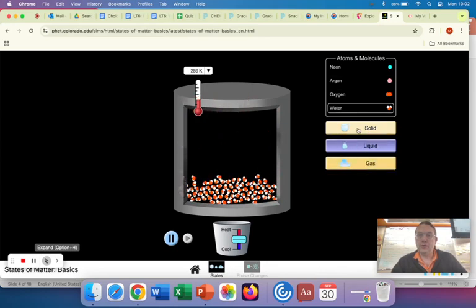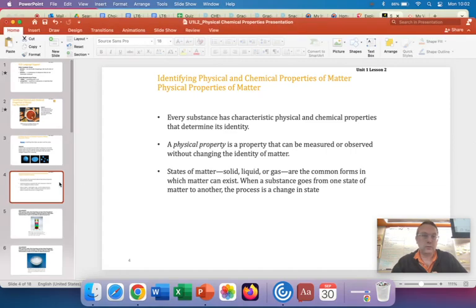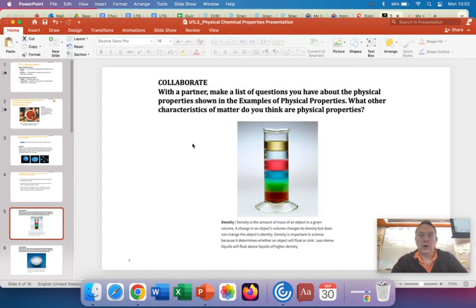I can change it from a liquid to a solid without changing what it is. So, some examples of physical properties are density, the amount of mass of an object in a given volume.